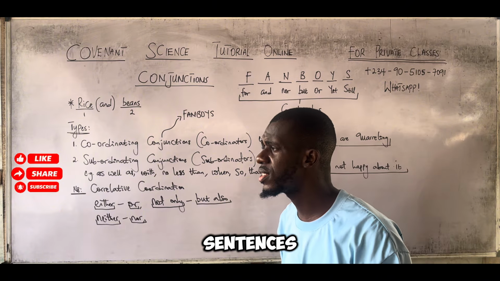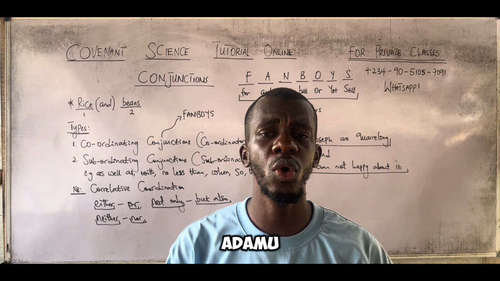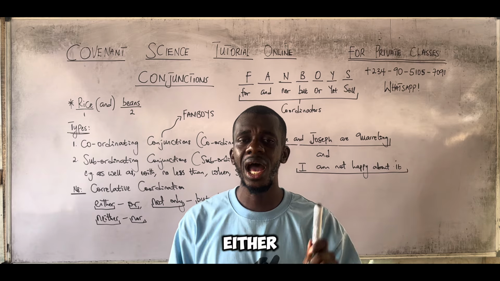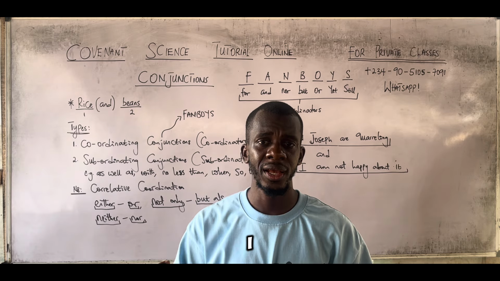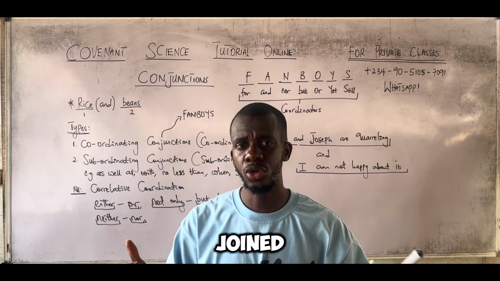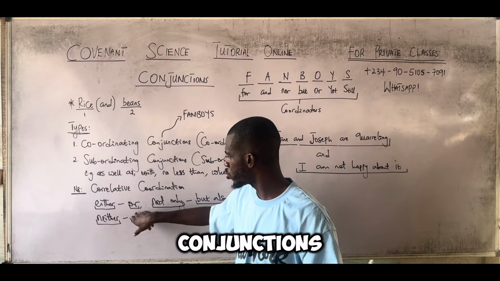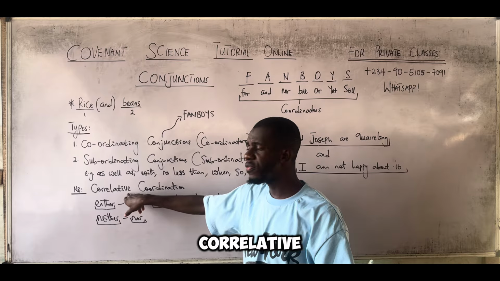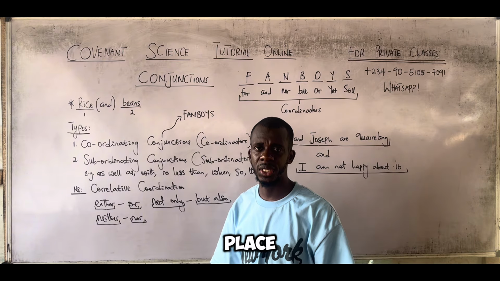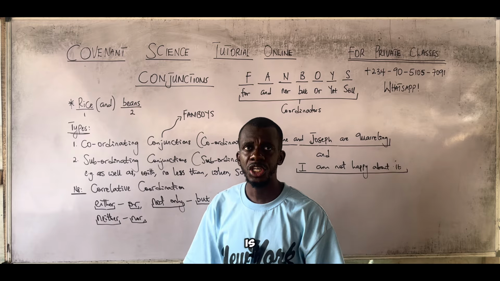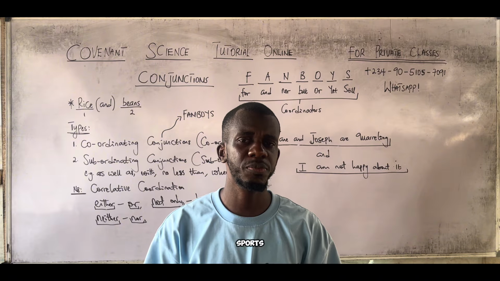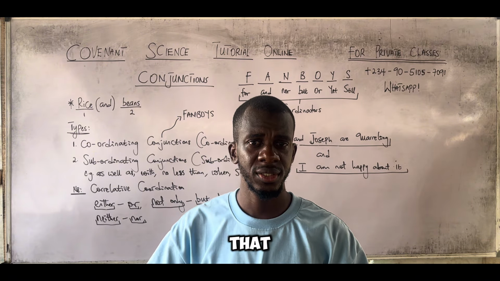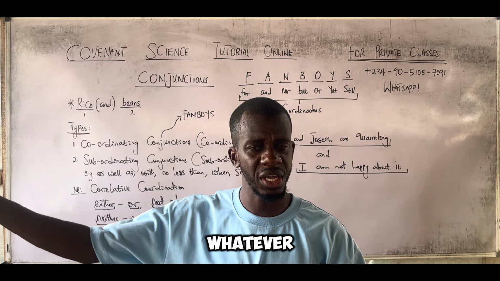Basic sentences like, either Adamu or I am to blame for the loss. Either Adamu or I, two persons being joined by conjunctions that go in pairs. Correlative coordination has just taken place. He is not only good at sports, but also, anything else you supply there, whatever it is.